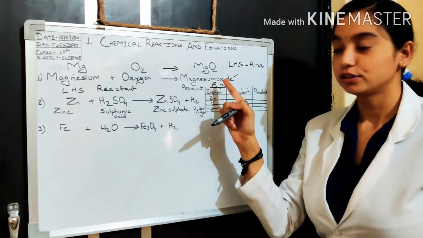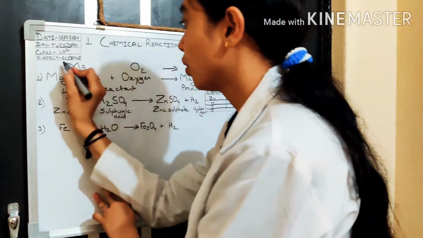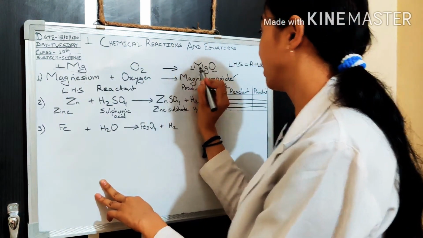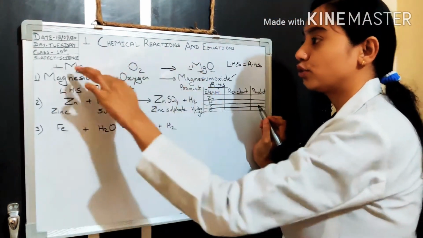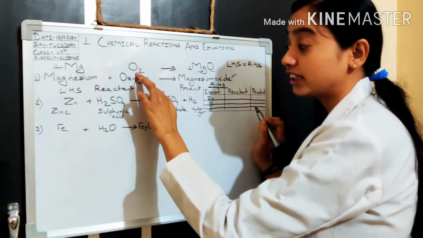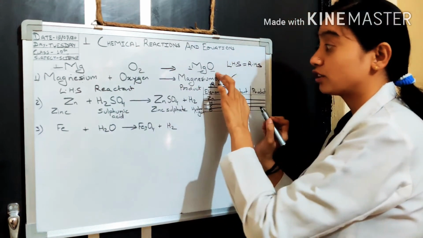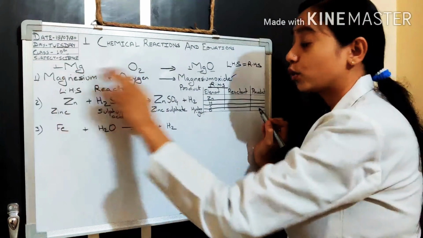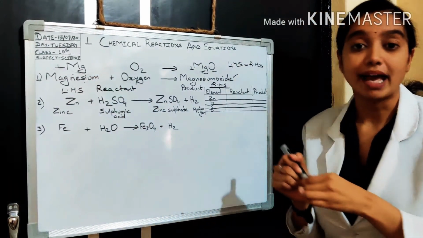No. Magnesium is 1 on both sides, so magnesium is equal. But oxygen atoms are 2 here and 1 here. So this reaction is not equal. This reaction is not balanced.